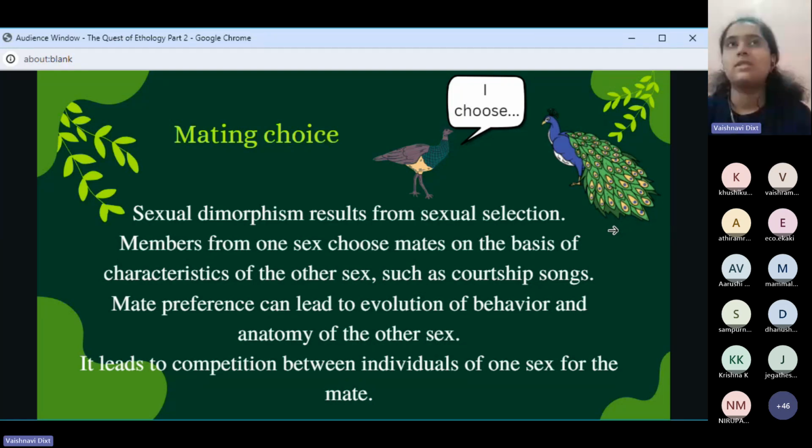So the female, in the case of such insects, or birds with more colorful or longer stalks, prefers the better male.